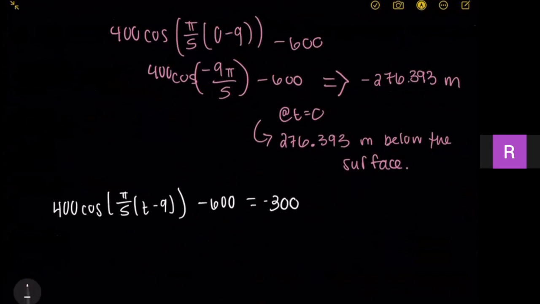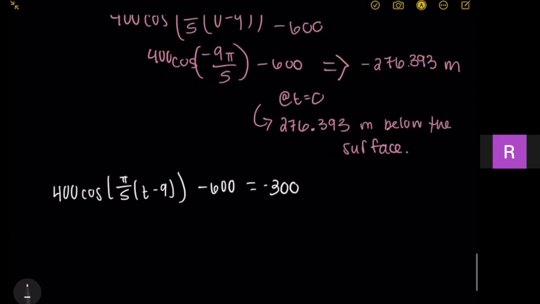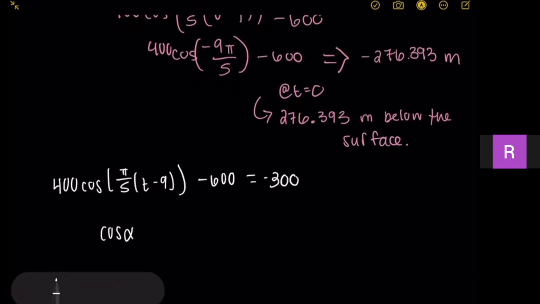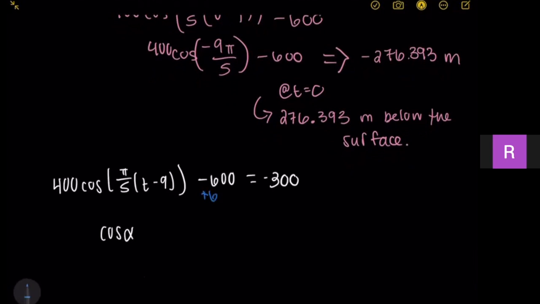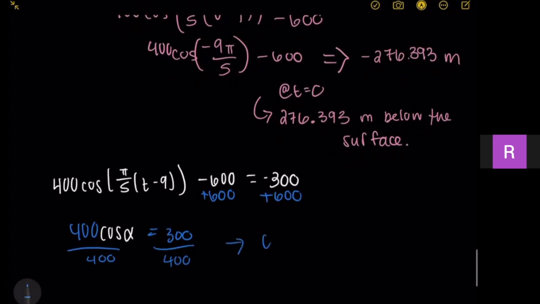In order to work backwards, we're going to have to isolate cosine of alpha first. So we're going to add 600 to both sides, which is going to give us 400 cosine of alpha is equal to positive 300. And then we're going to divide both sides by 400, and we're going to have that cosine of alpha is equal to 3/4.